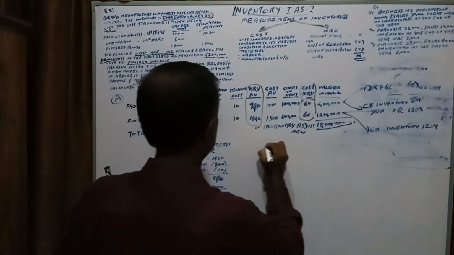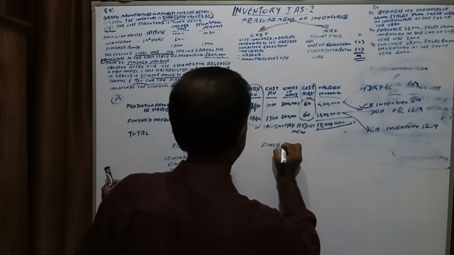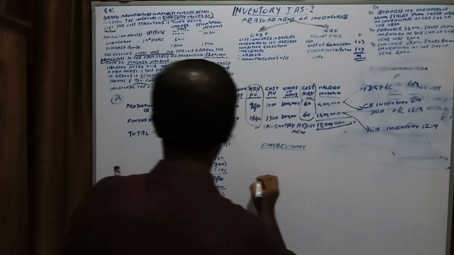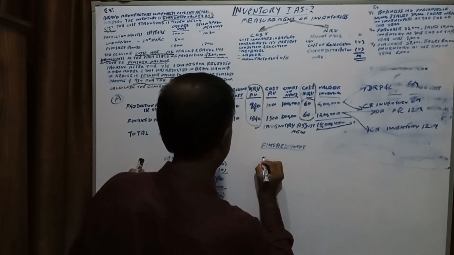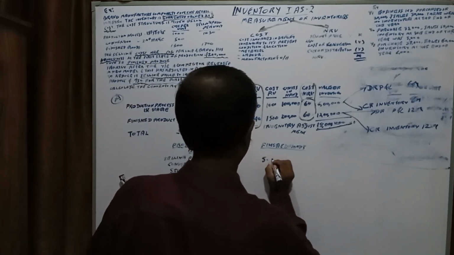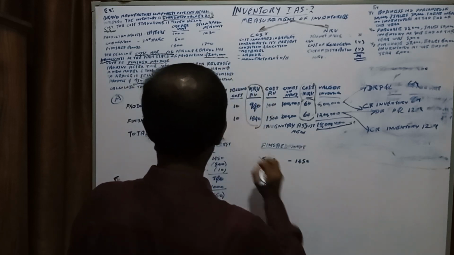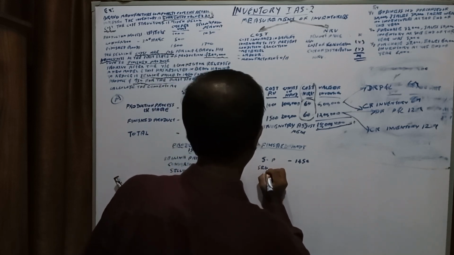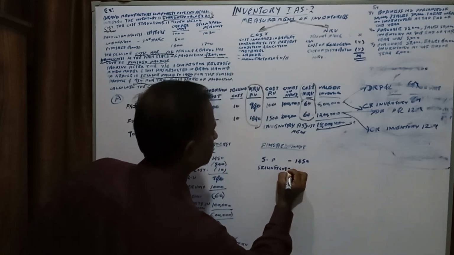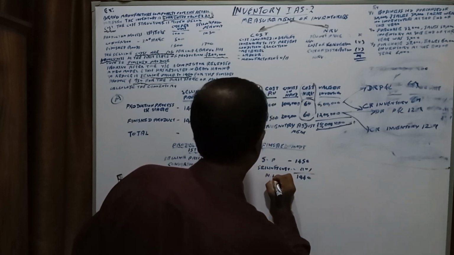Then finished goods. Selling price is 1450, and selling cost 10, so 1440 is the net realizable value.